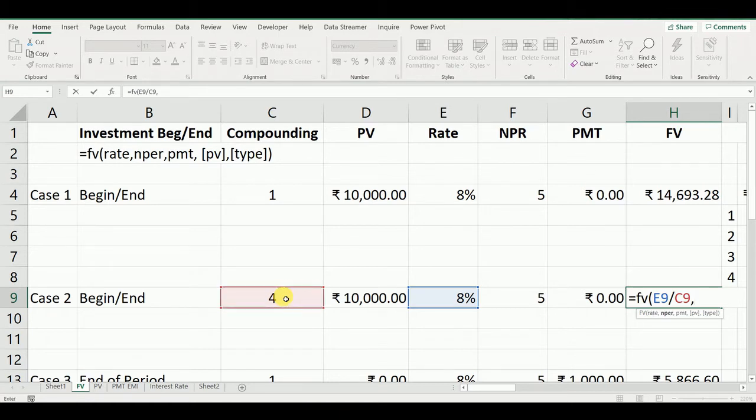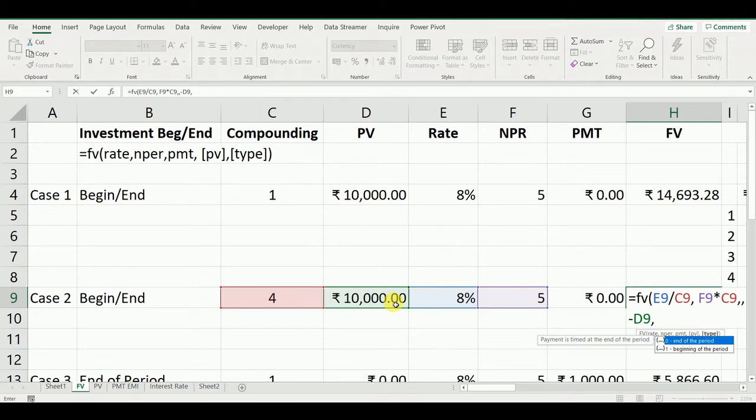Now we are asking number of periods. So in this number of periods, our period will be 5 years into 4. That means 20 quarters. Now we will give comma. Now again PMT we can leave blank. Now minus 10,000, comma.